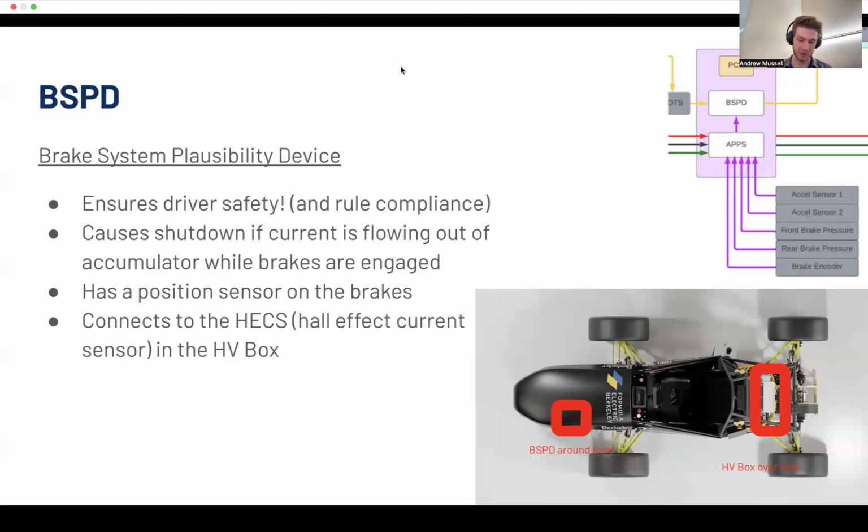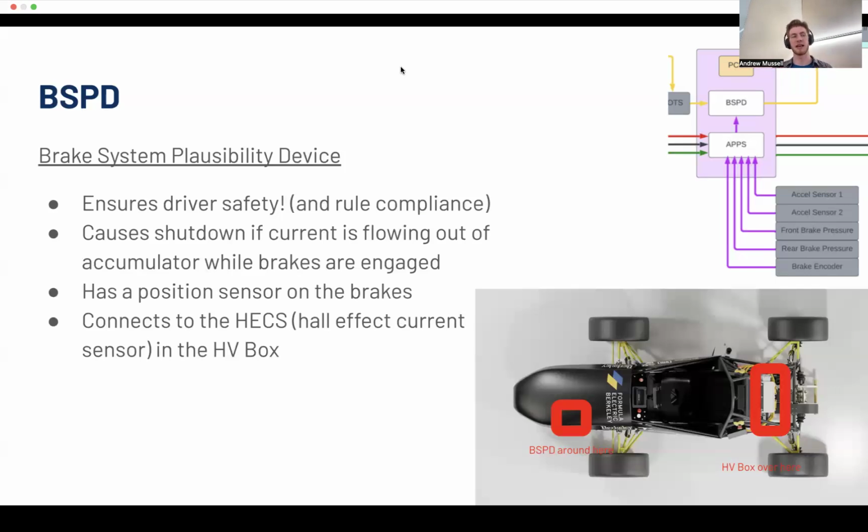But as per the rules, they don't require you to shut down the car. The shutdown circuit opens the accumulator isolation relays, which are basically just connectors that connect the battery to the car. So it just disconnects the battery, basically pulls the plug. Competition rules state if you press the accelerator and the brake, you don't have to activate the shutdown circuit.